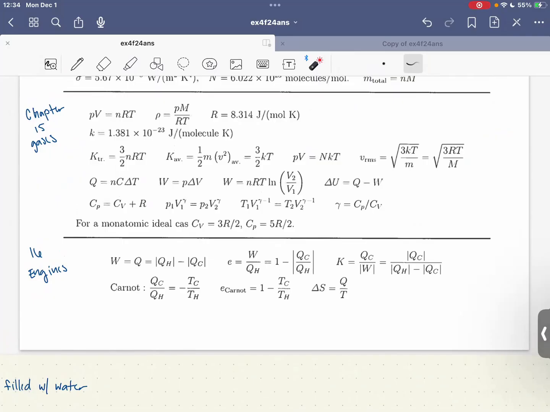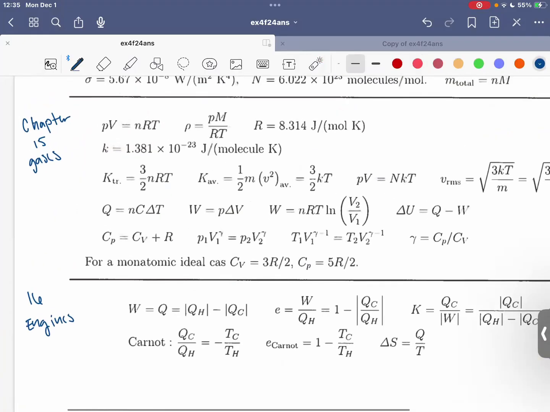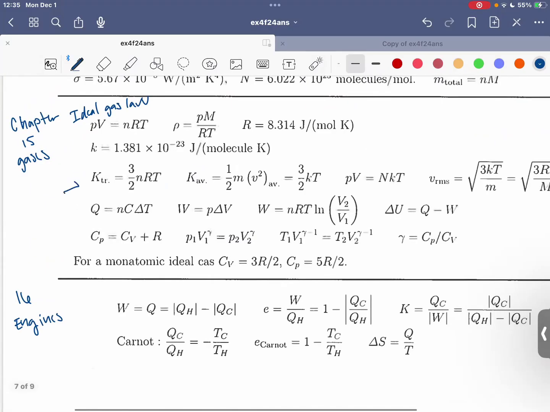And then we also have chapter 15. So if any of you guys have taken chemistry, it should be pretty familiar. We have the ideal gas law here. Since we're dealing with gases, we use this R. We also have the kinetic energy of a gas.